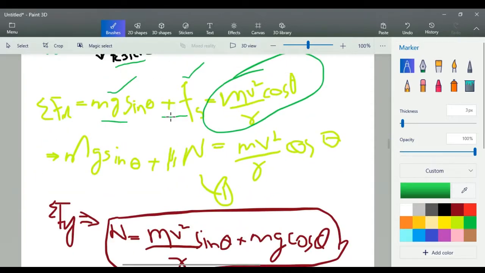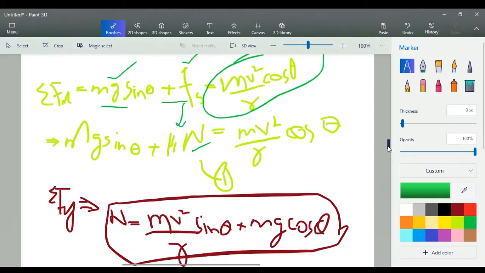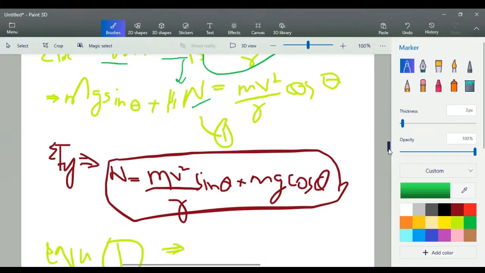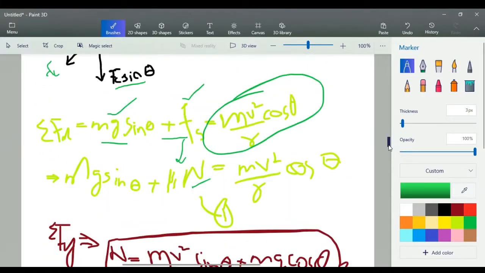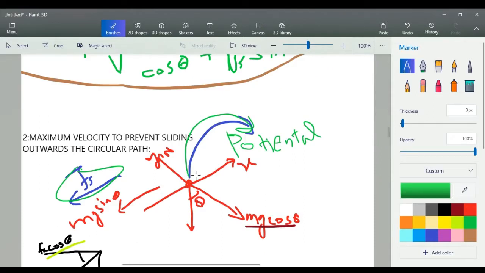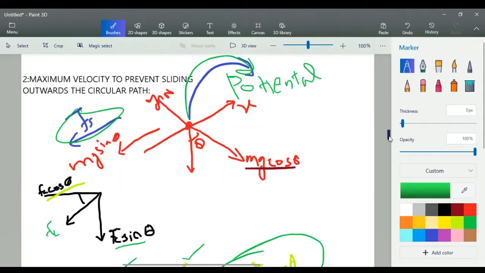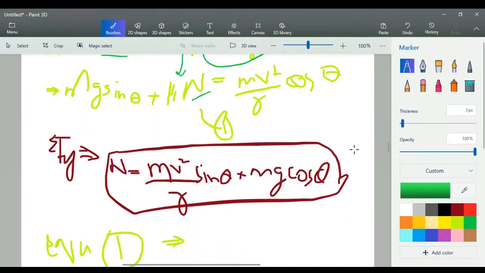Fs will be equal to mu s times the normal force, and we need the normal force to solve the equation. For the normal force, we use Newton's second law on the y coordinate of the system. The forces are the normal force, mg cos theta and Fc sin theta.